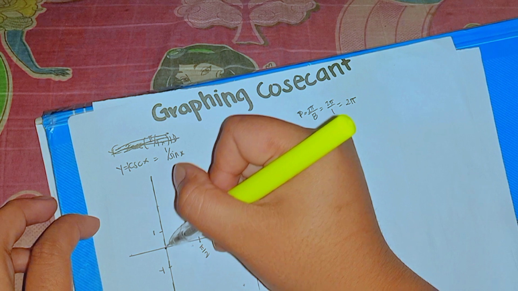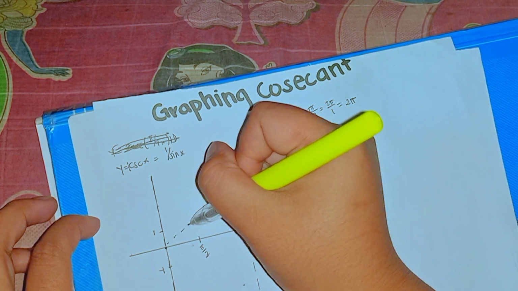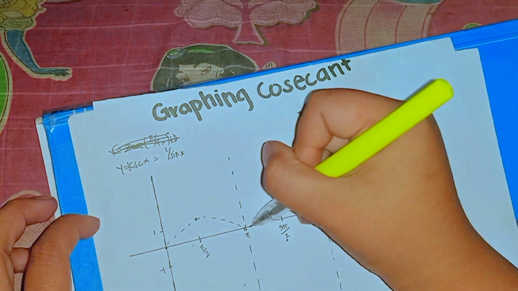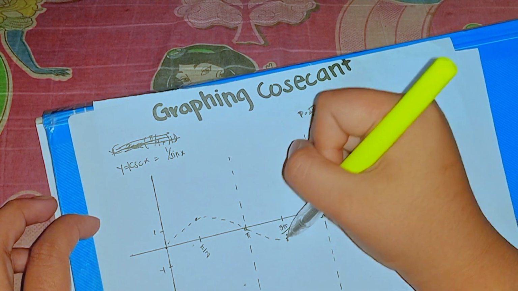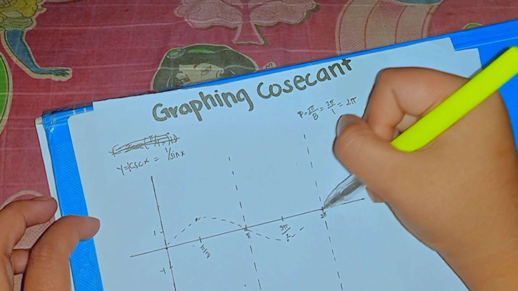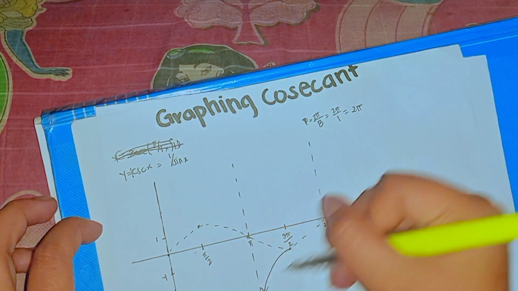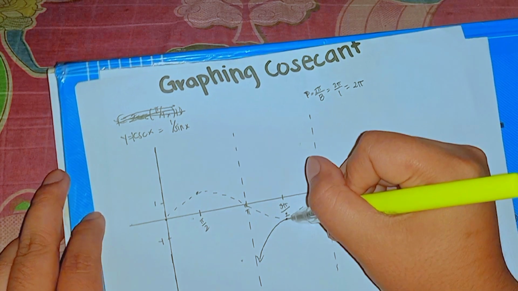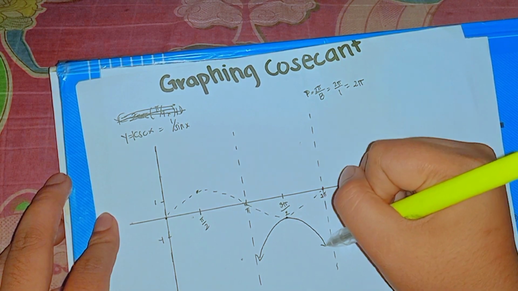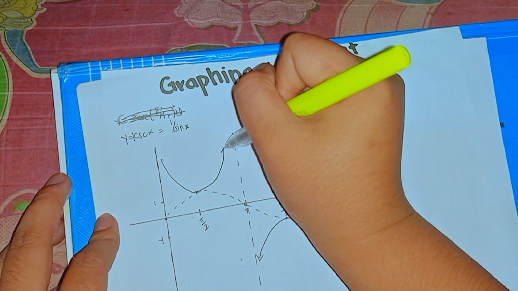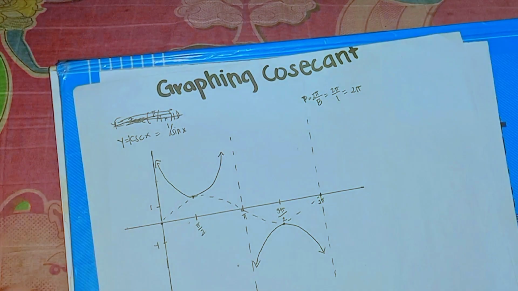We'll put an imaginary line, connect it, and here is where we graph our cosecant. This is what the graph of cosecant looks like.